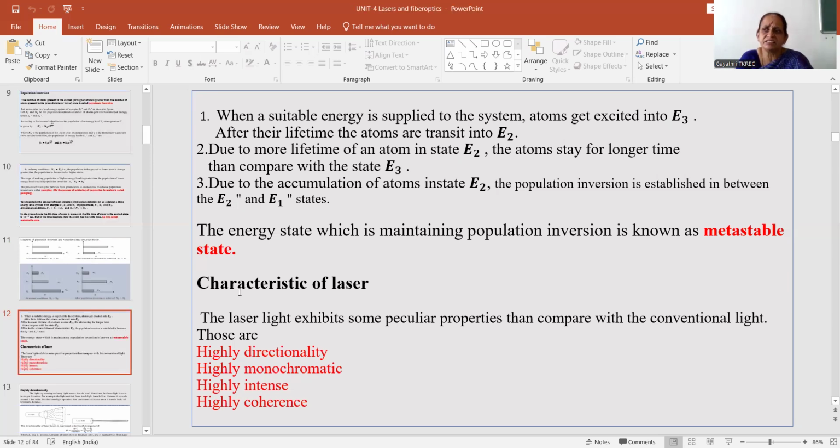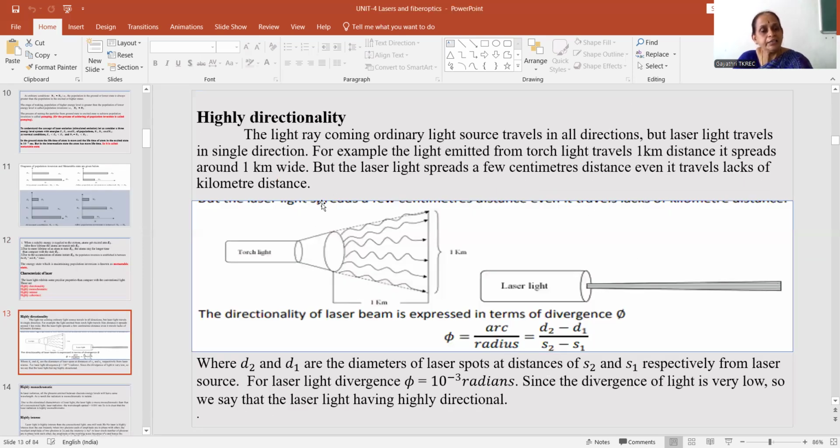In the case of a laser, how it is discriminated from normal light is that it has special characteristics: highly directional, highly monochromatic, highly intense, and highly coherent. Let us see high directionality. Consider a torchlight. When the torchlight is on, the light spreads out in all directions.